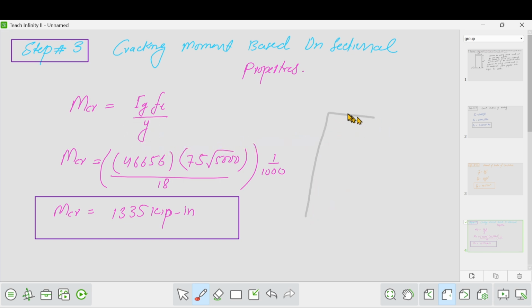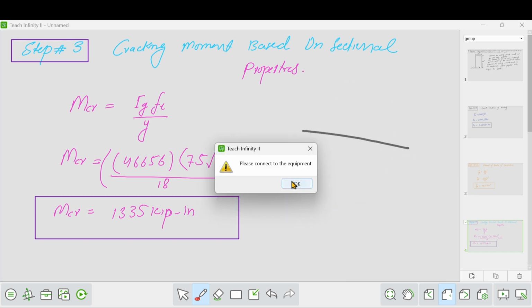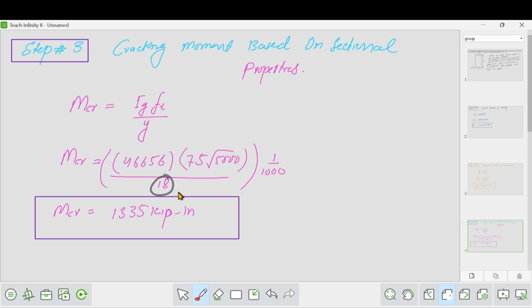This is my cross section, and the centroid of this section will be 18, which is half of 36. So if I put in the value of Ig, the moment of inertia of the cross section, the tensile capacity of the concrete, and the centroid of that cross section, I will get the value of the cracking moment based on cross section property, which is 1335 kip-inches.